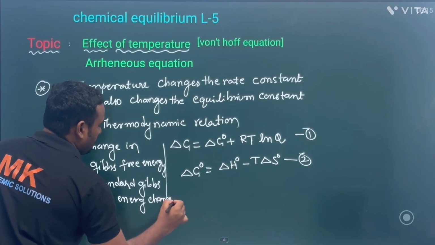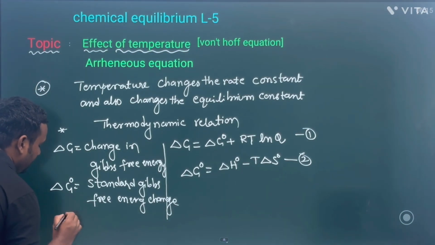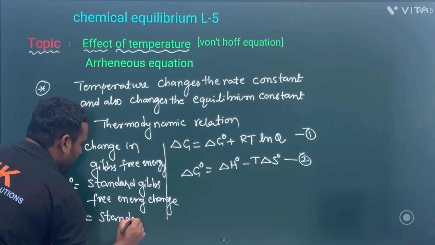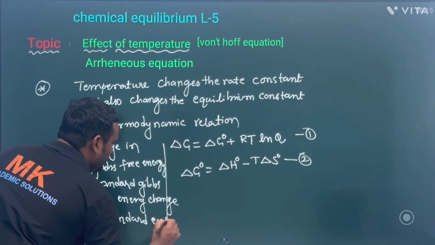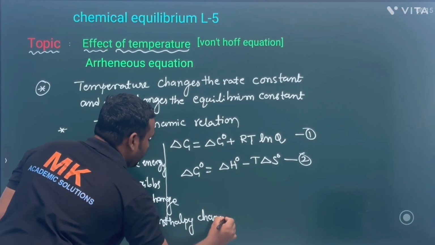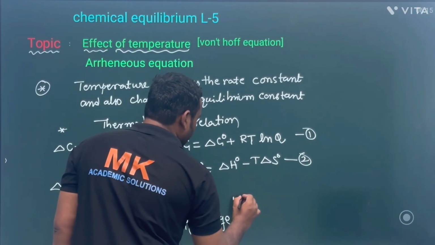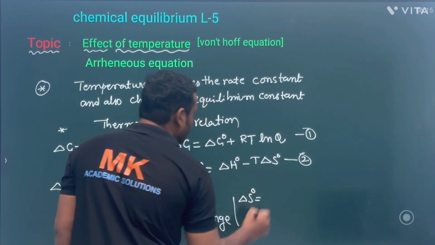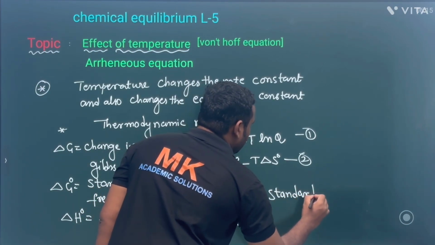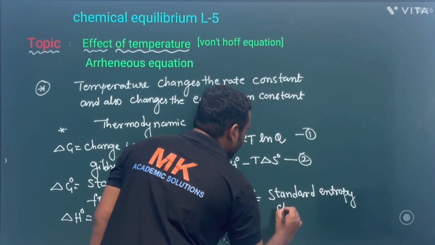Delta H naught is the standard enthalpy change. Delta S naught is the standard entropy change.